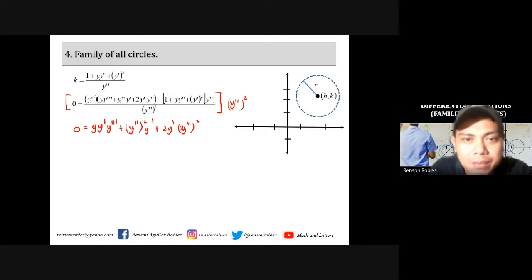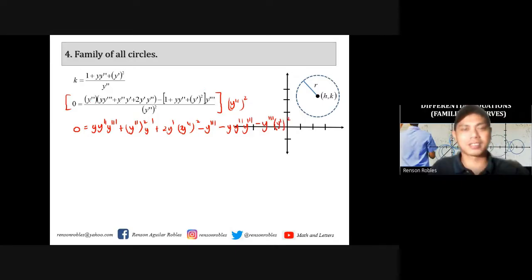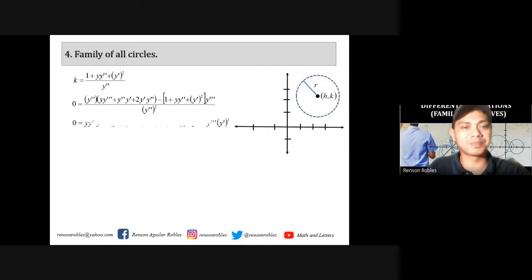Then we have y triple prime times 1, then multiplied by negative 1, minus y triple prime, minus y triple prime times y double prime is y double prime, y triple prime, and then minus y triple prime times y prime square. All right, and then you have this.